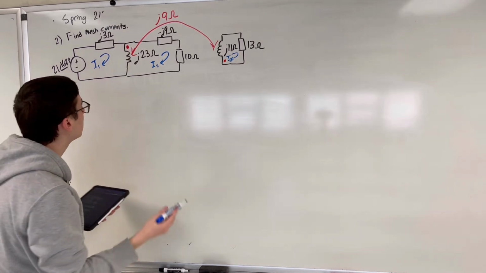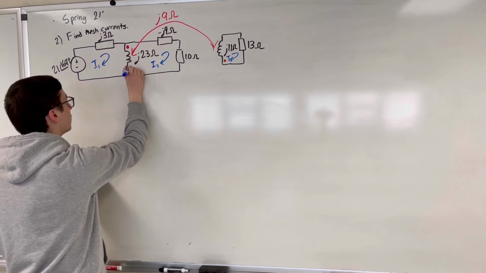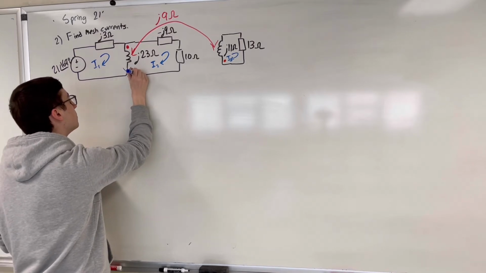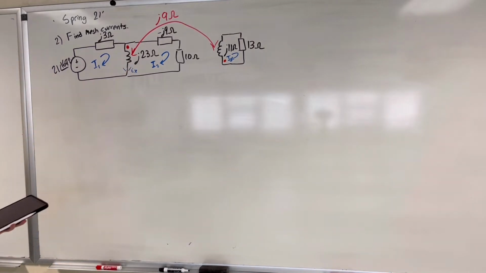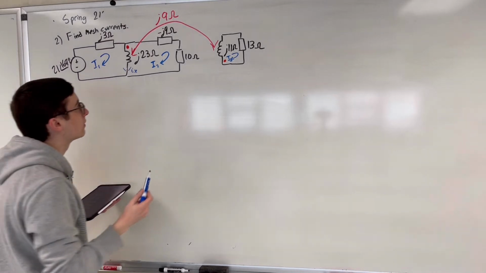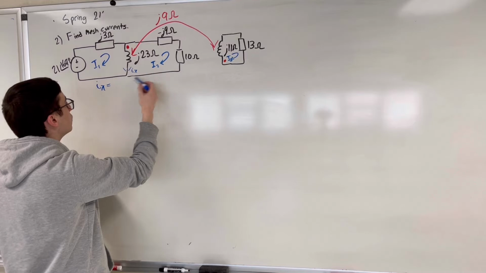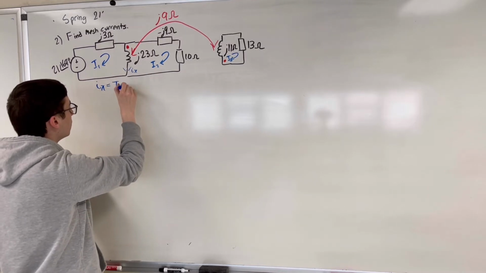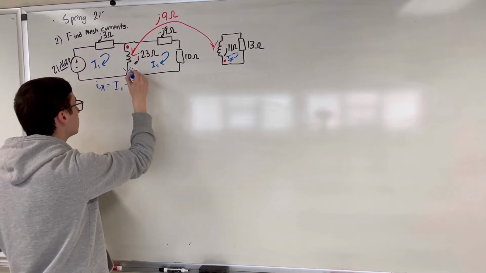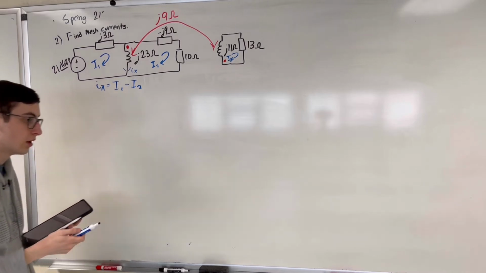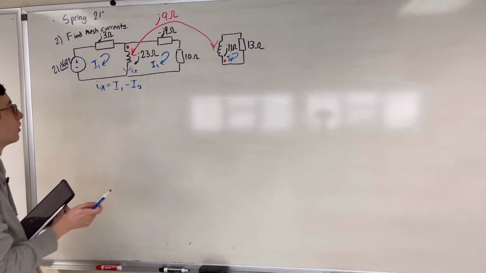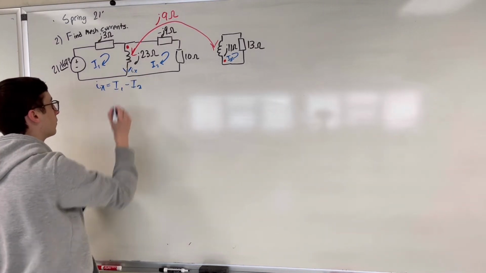So what I did is that I made my current pointing down, and I just named it Ix. And we can easily define Ix by using our mesh currents. So I1 goes down, and then I2 goes up, so that means I2 is going to be resisting the current in this wire.